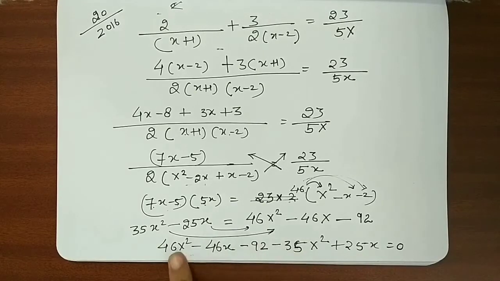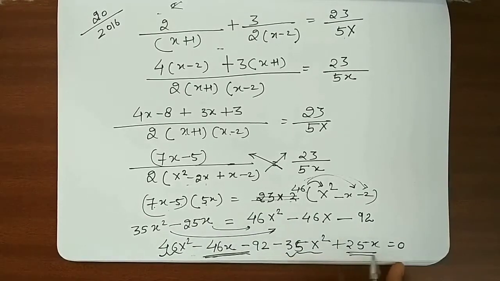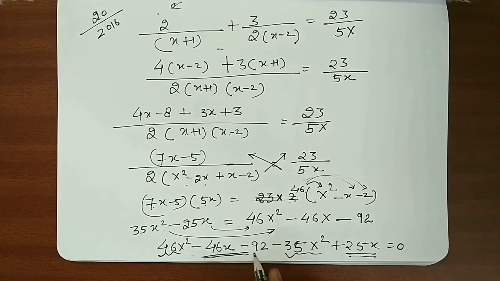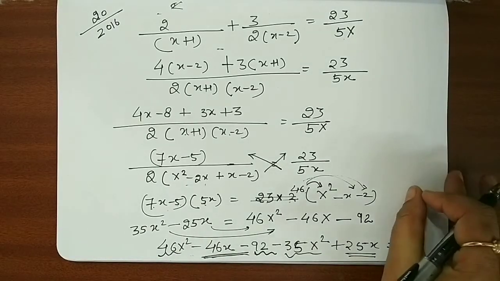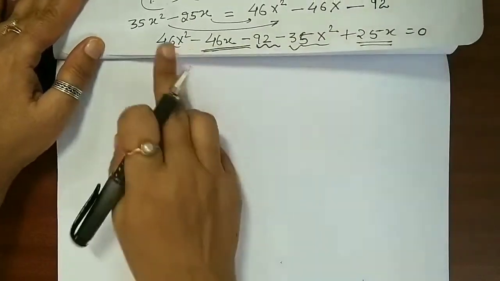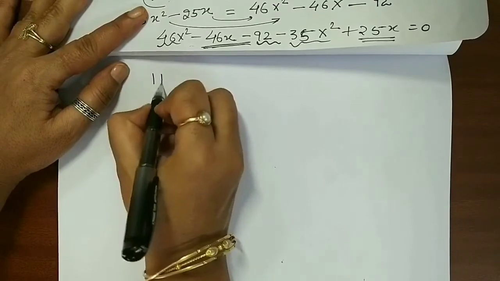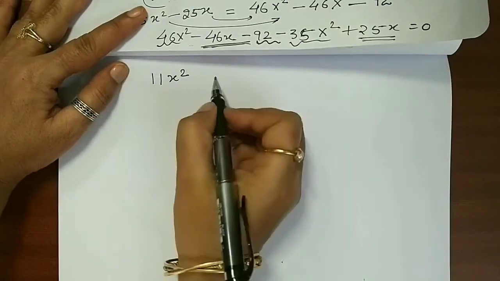I have to see these two terms, square, and then I have to combine x terms, and then this is my constant term. Okay, so let me simplify it for you guys. So if I have this thing 46 minus 35, I hope everybody knows this, 11x square.